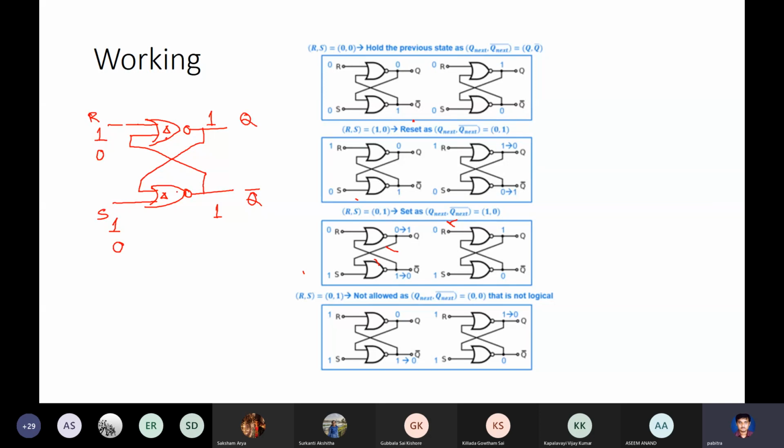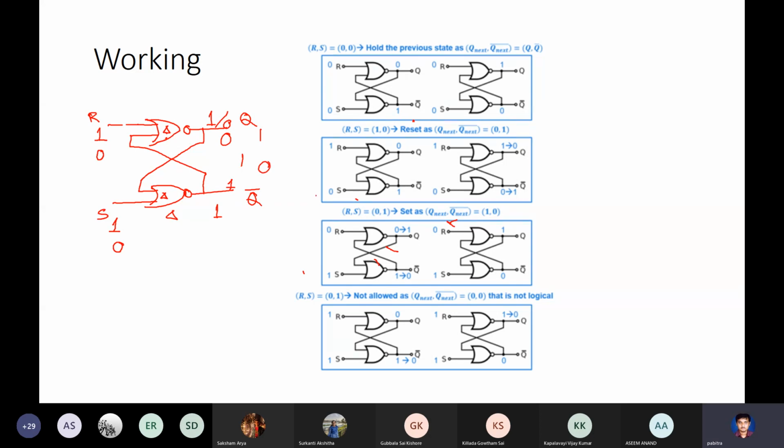If this gate is faster, then if R is 1, this will first become 0. And once this is 0, this will become 1. So if this gate is faster, after you apply 0 0 following 1 1, this will become 0 1. Whereas if this gate is faster, you can easily check, this will become 1 0.